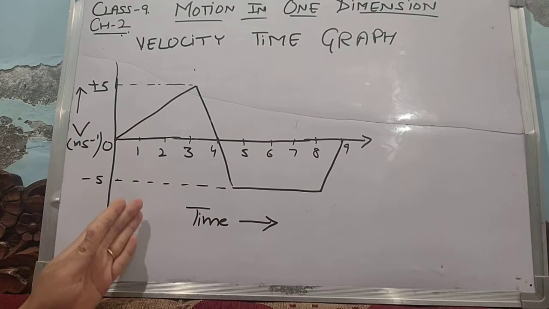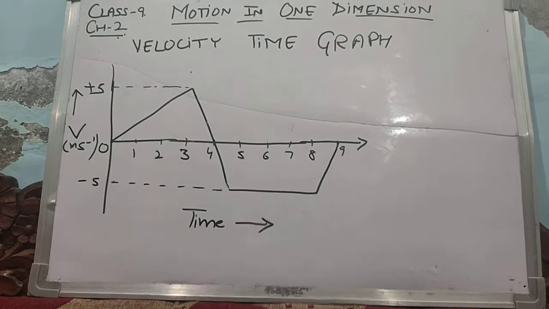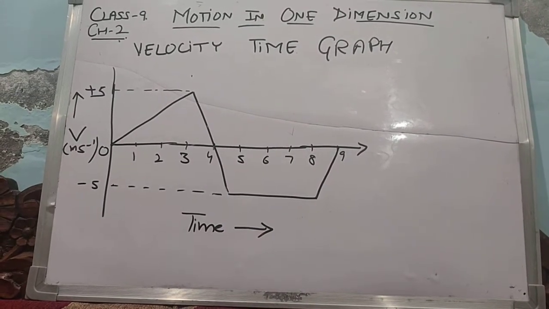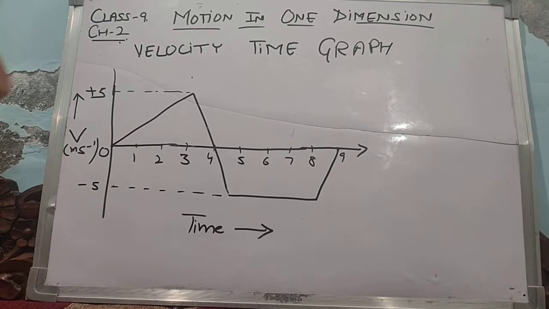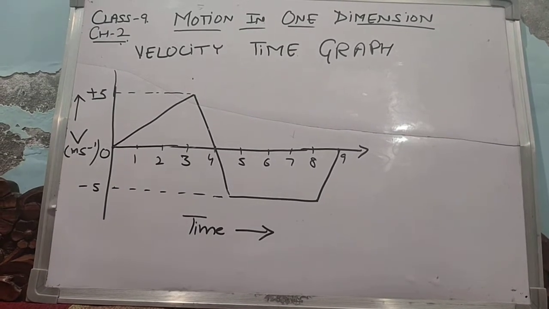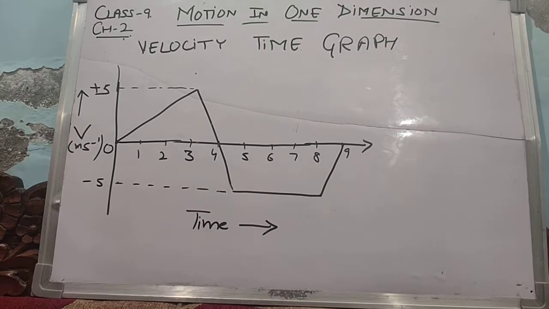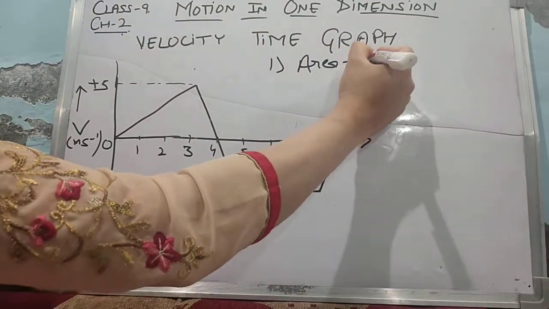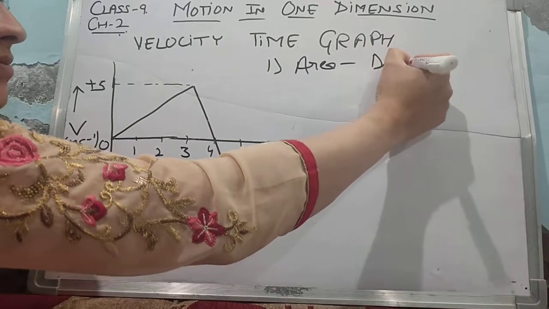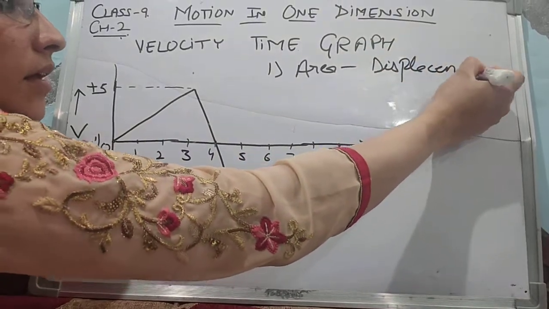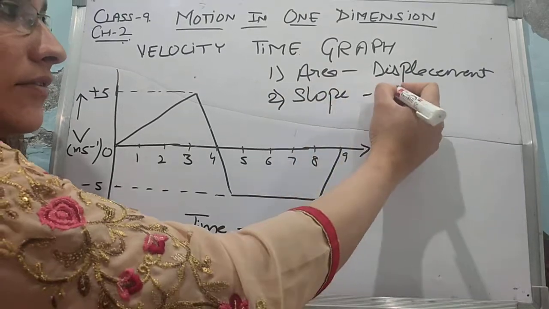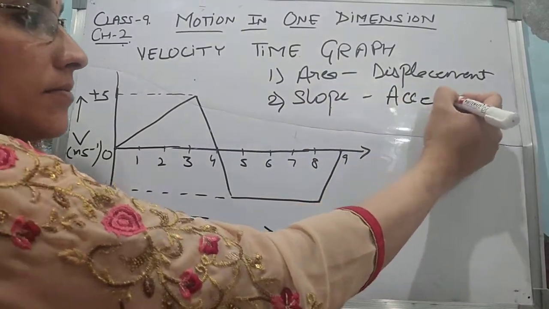Now, for example, we have this graph, right? And we have to find displacement and acceleration from this graph. So how we can calculate this displacement and acceleration? As I told you, area under VT graph gives you displacement and slope of VT graph gives you acceleration.